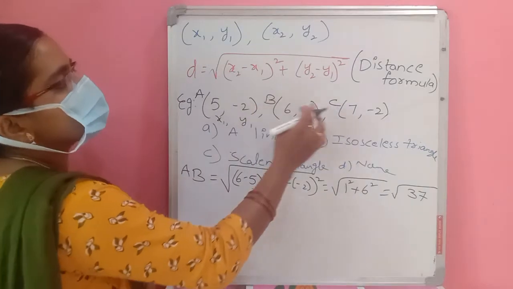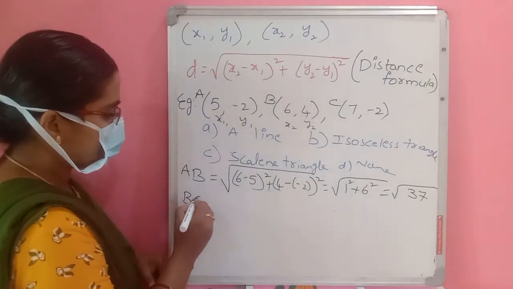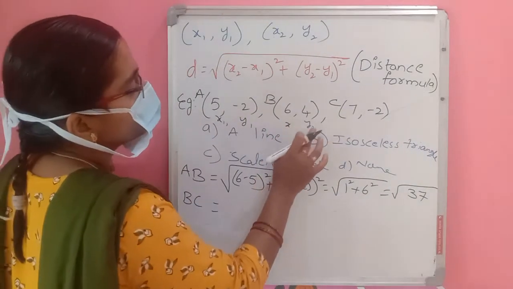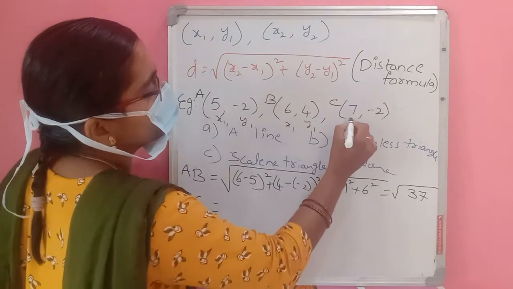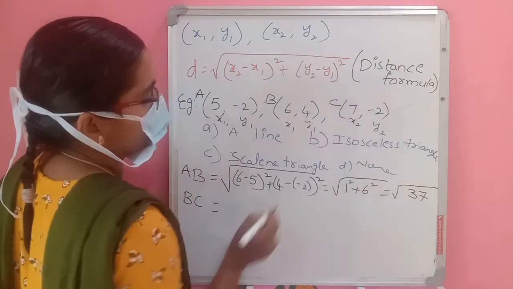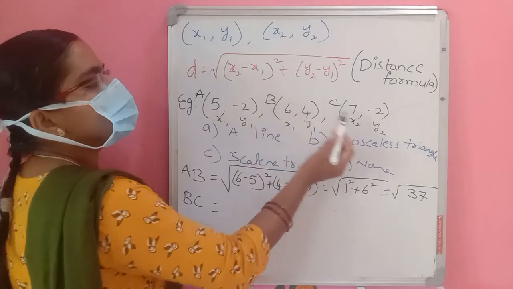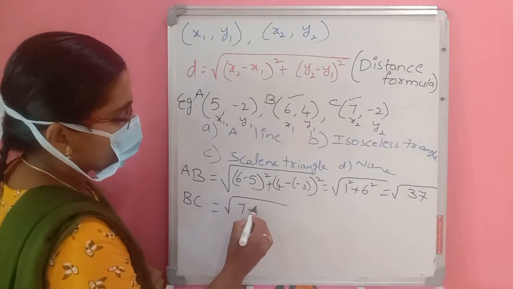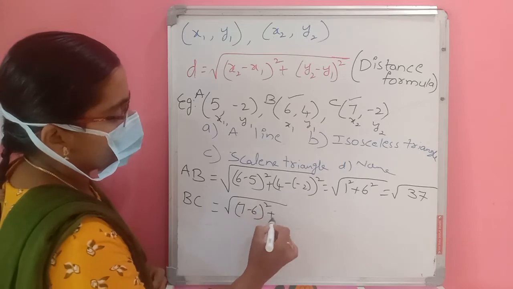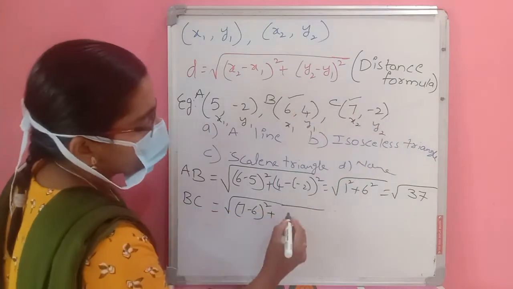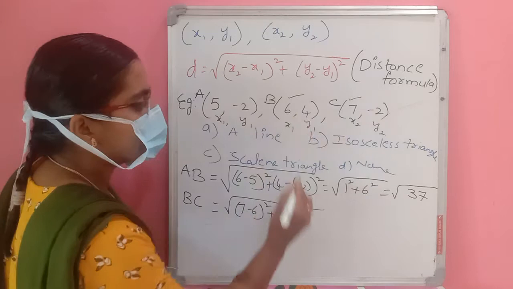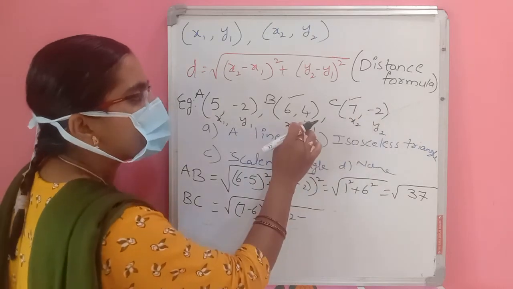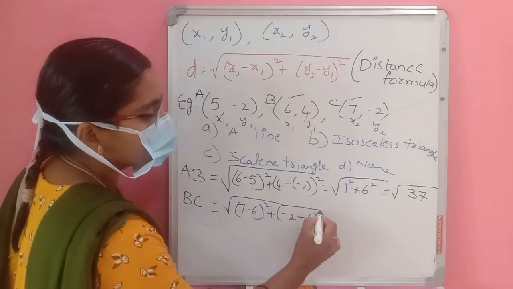Next, distance between B and C, BC. So now this becomes x1, y1, this becomes x2, y2. Then distance between B and C means x2 minus x1, square root of 7 minus 6 whole square plus y2 minus y1, minus 2 minus 4, whole square.